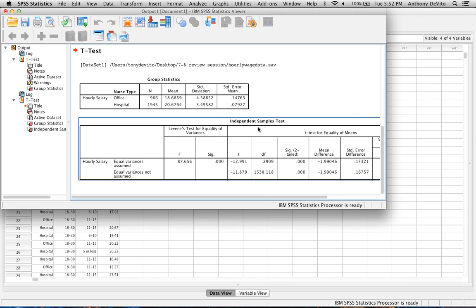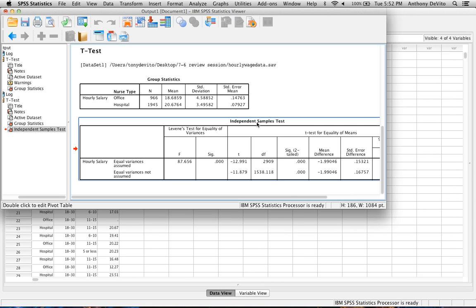So now this is what my output looks like when I'm done. My independent sample t-test output. Let's read this. First thing I have to do is, are the standard deviations here the same or are they different? Well, there's quite a bit of difference here. I mean, look at the standard error.